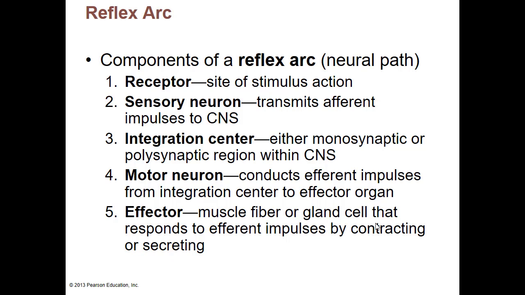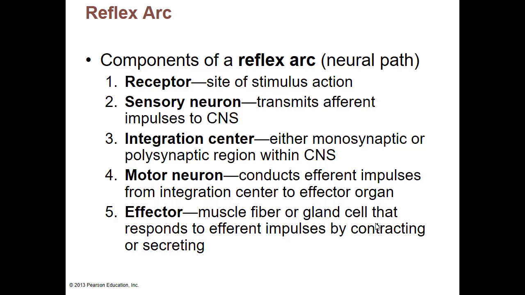So there's some type of stimulus that's going to sense a change. You're going to have a sensory neuron. So you are going to have cells that are going to transmit that information through your nerves to your spinal cord.